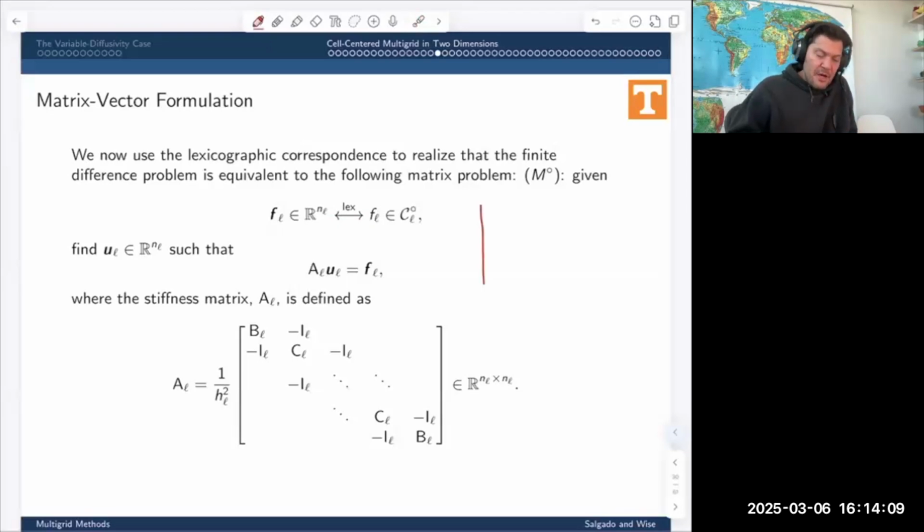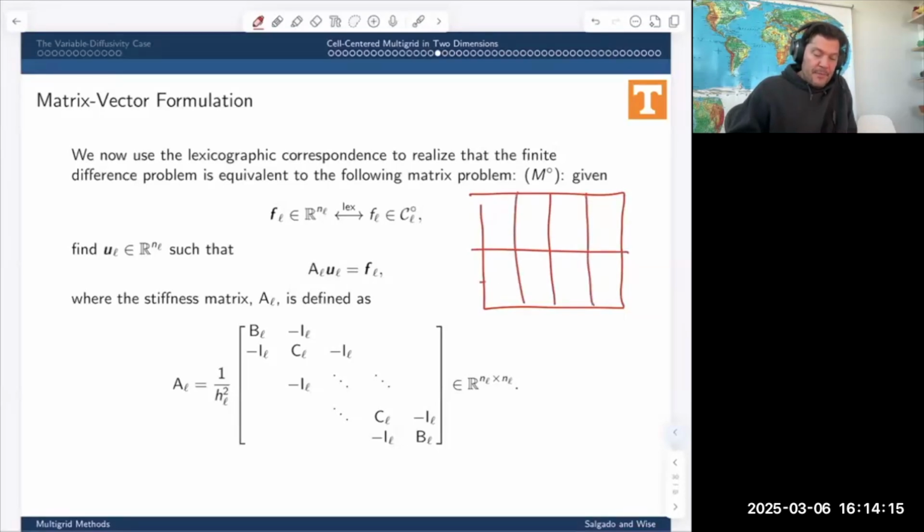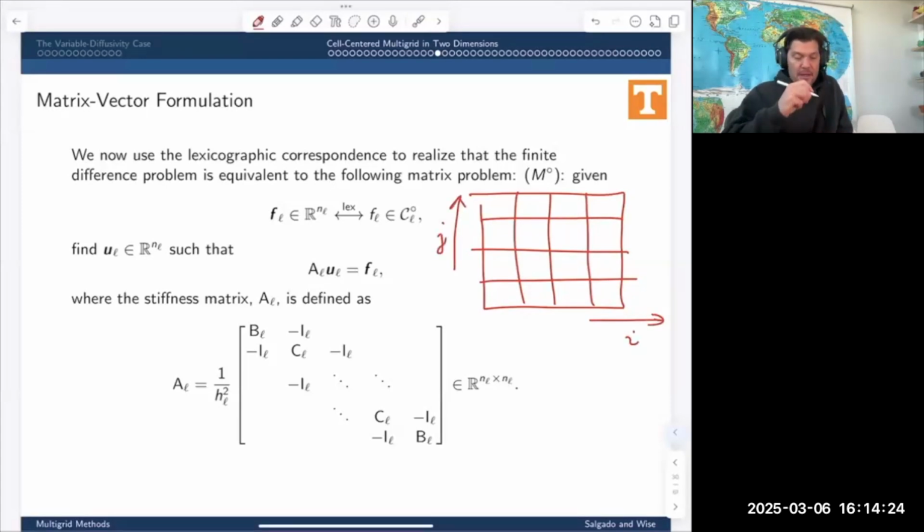Now, just in case you've forgotten what that means, basically, I have a grid, and the natural way of counting the grid is to use the coordinate i in that direction and j in this direction. In this case, i is between 1 and 4, and j is between 1 and 4.